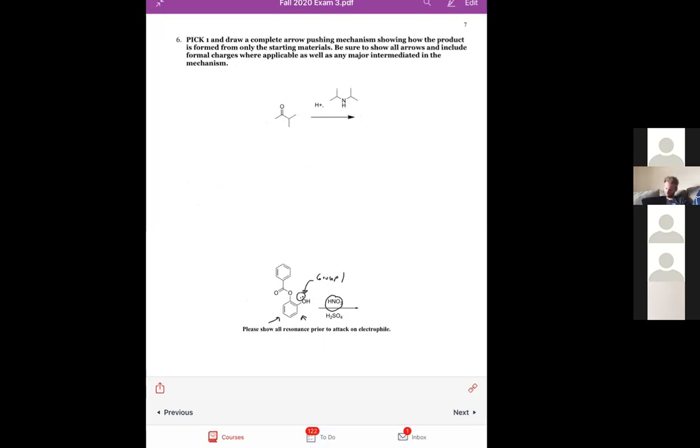So our resonance structures would look like this. And the last one should be here.